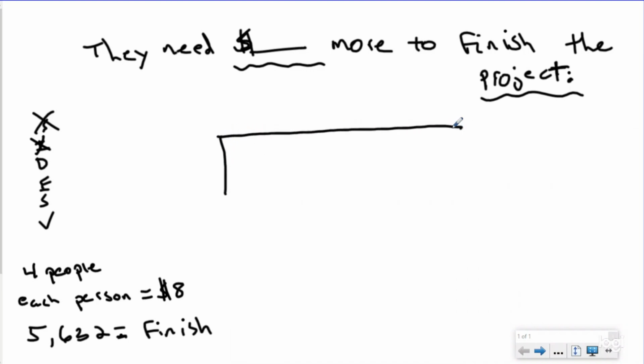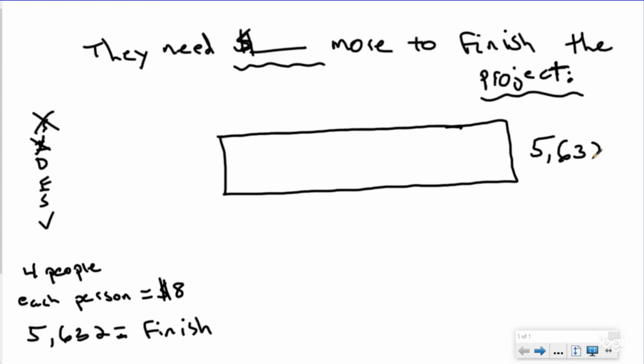So here is my part-whole model. Got this right here, make it nice and long. I know that the entire project was going to cost them $5,632, right? I know there were 4 people there. So now 8 is going to be very small, so I'll do my best right here. So I know there are going to be 4 people who each have $8 already.